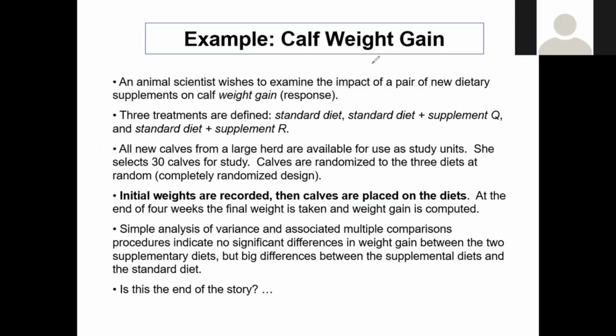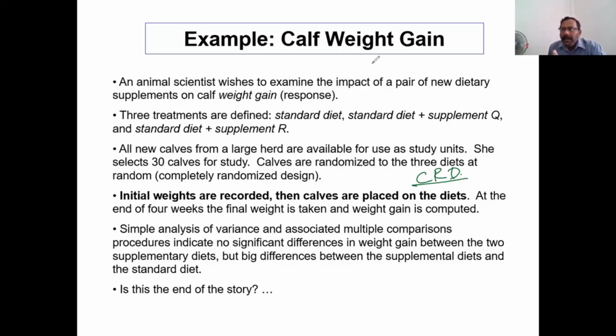CRD. Yes, CRD is the simplest design because we have 10 replicates for each treatment. Randomly we select, because all 30 have been kept in random. There's no priority. So it is a simple CRD.